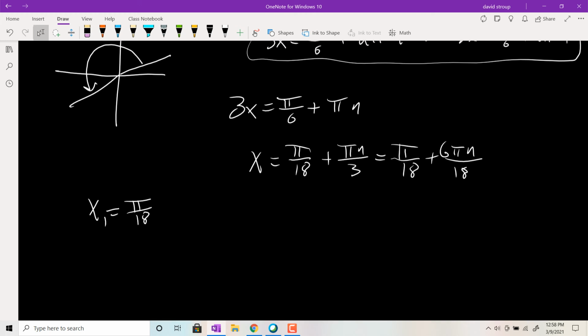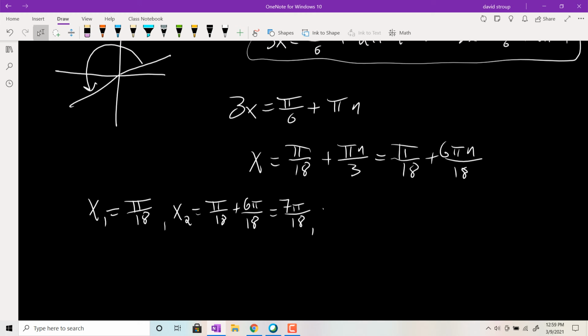And then x2 is pi over 18 plus 6 pi over 18, so that's where n is 1. So this will be 7 pi over 18. And you keep doing this until you get something bigger than 36 pi over 18, in other words, 2 pi.